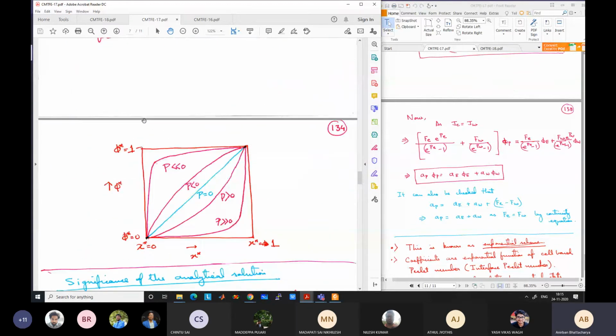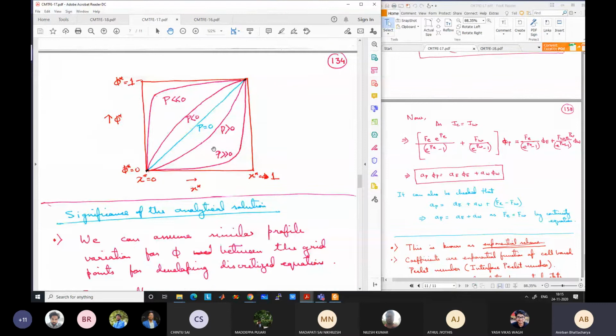If I take a look at the graph, depending on the Peclet number, which is a non-dimensional number giving us the relative strength of the advection relative to the diffusion, if the Peclet number is very high, it means flow is very high as compared to diffusion. And we have seen how the variation will look for different Peclet numbers.